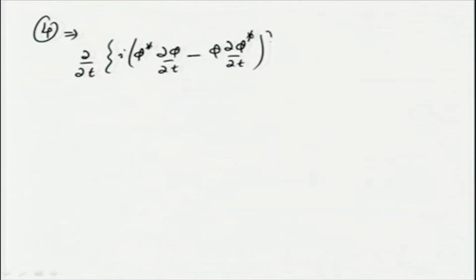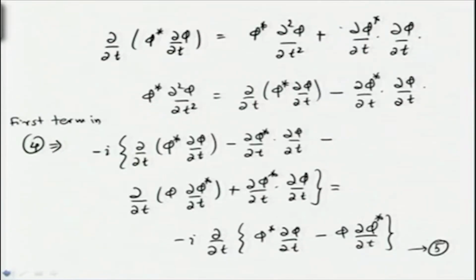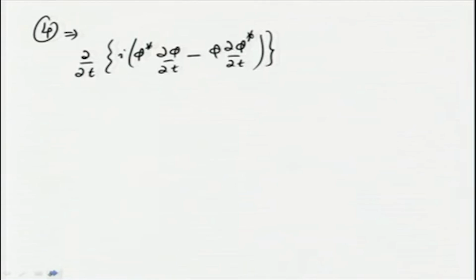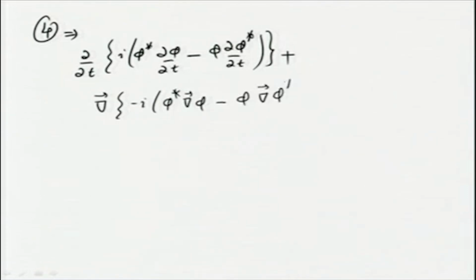Okay. So, this is basically what we have from equation 5 here, and similarly from equation 6, we have plus del dot minus i (phi star grad phi minus phi grad phi star).